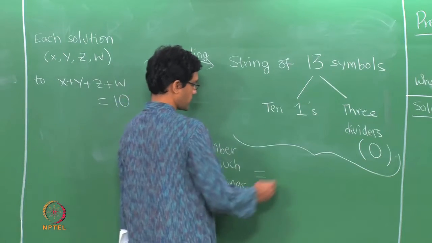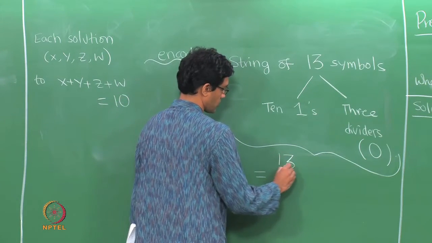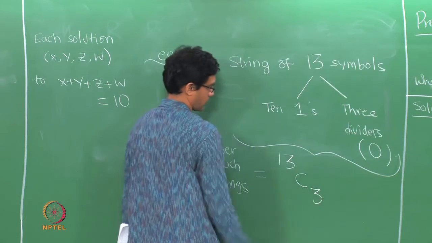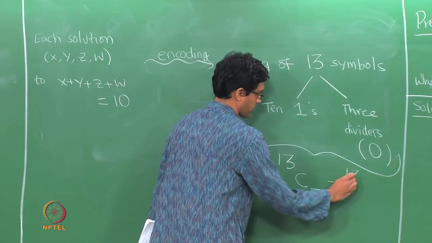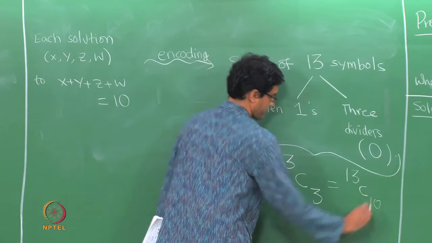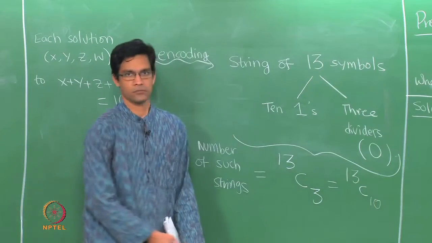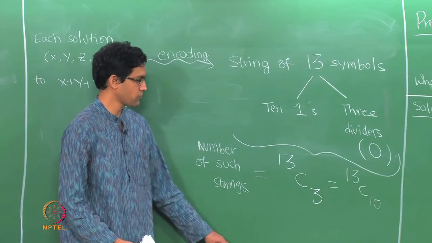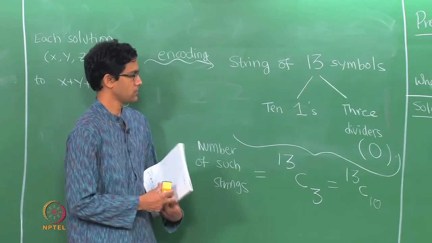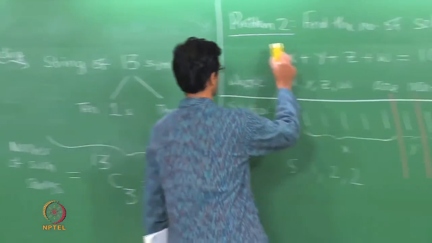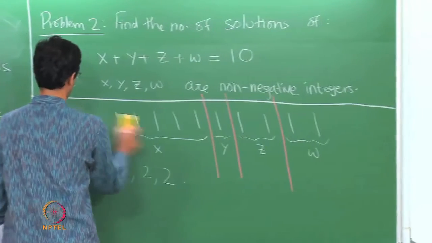So the number of such strings is 13 choose 3, for instance, or 13 choose 10, which are of course both the same. Okay, so that's a solution to the problem. So now of course it's clear what the general solution will look like. So let's write out a general version of problem 2.